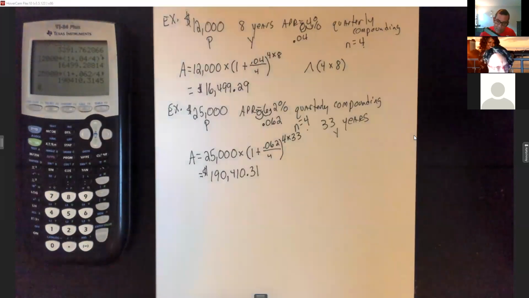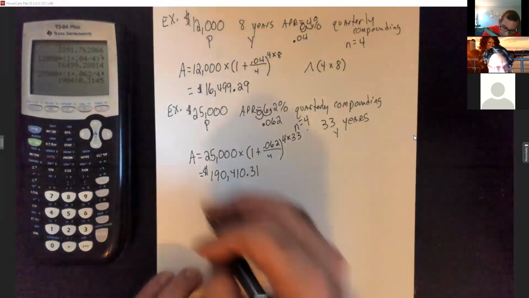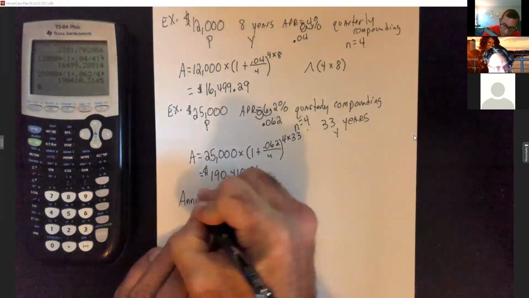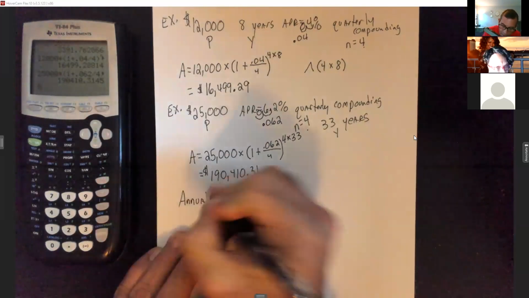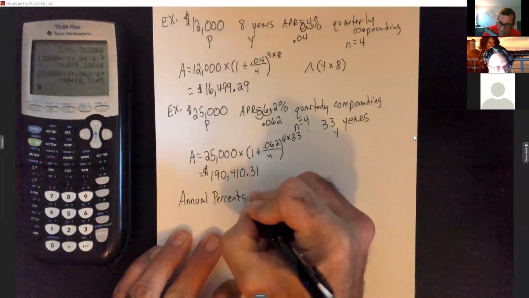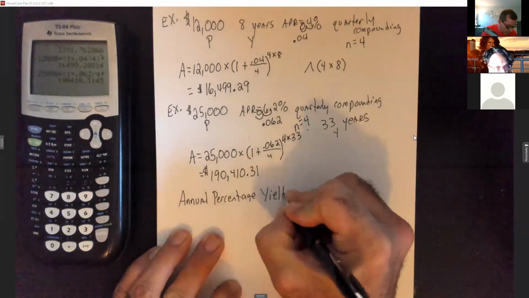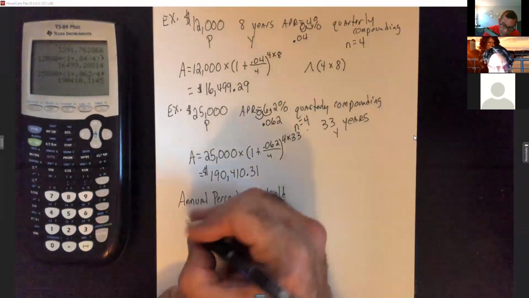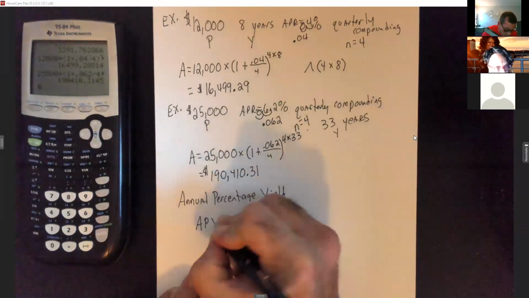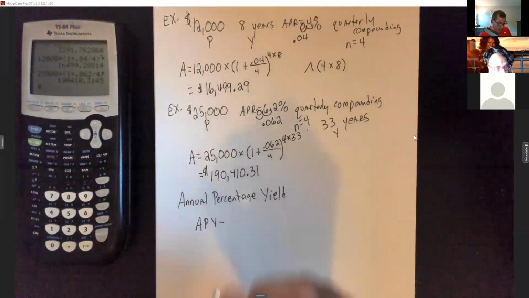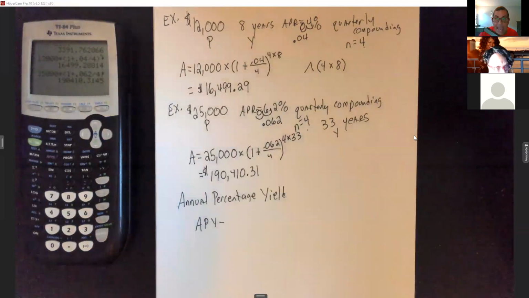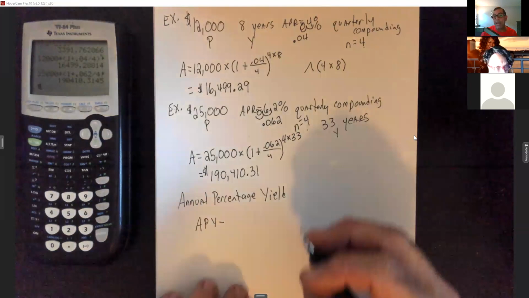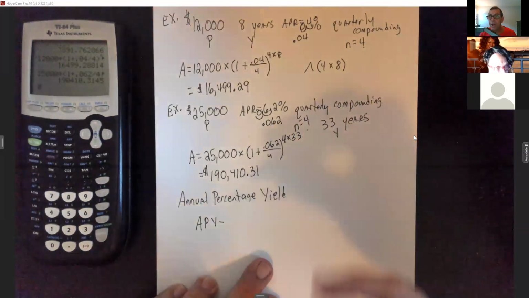All right, so the next thing we're going to look at is what we call the annual percentage yield. Okay, so we're going to call that the APY. But this is the actual amount your account increases during the year.